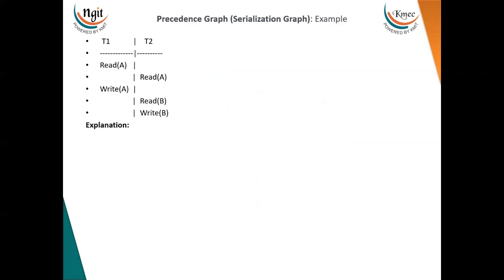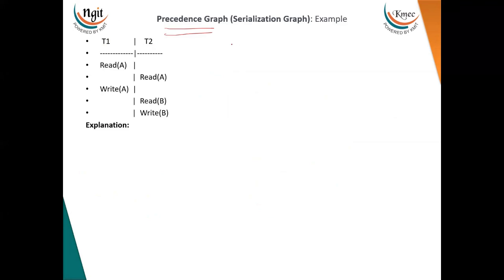Now let us see what a precedence graph is. Precedence graph is used in order to check for serializability, whether the given schedule is serializable or not. It is a shortcut method to test whether it is serializable or not. Clear? Here we have two transactions, T1 and T2.